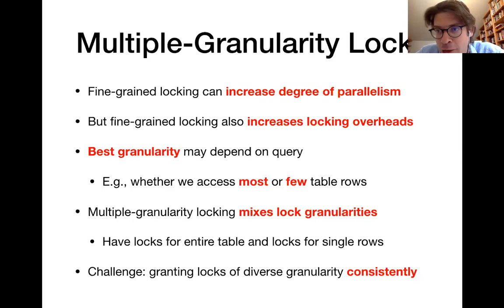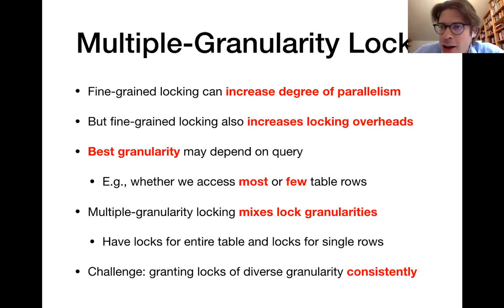The drawback, on the other side, is that if you have very fine-grained locks, then transactions typically need to acquire a lot of those fine-grained locks in order to do what they want to do. And each lock request and lock management also means a certain overhead in the lock manager.